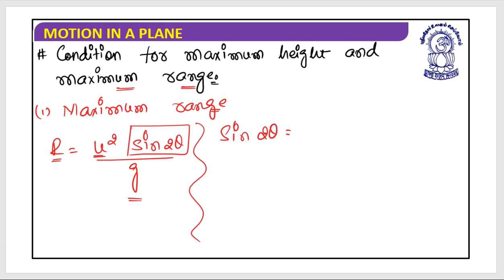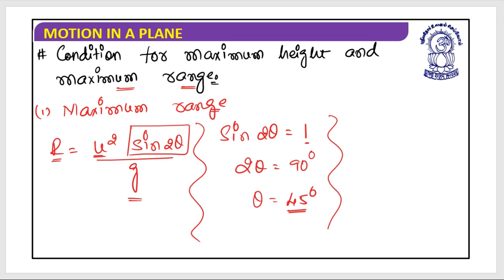So sine 2 theta equals 1. At what angle does sine have a value of 1? It's 90 degrees. So 2 theta should be equal to 90 degrees, and theta would be equal to 45 degrees.